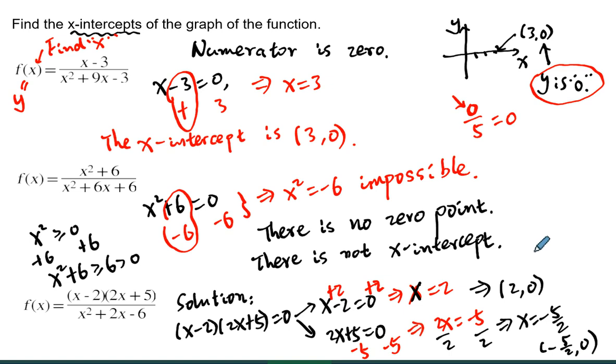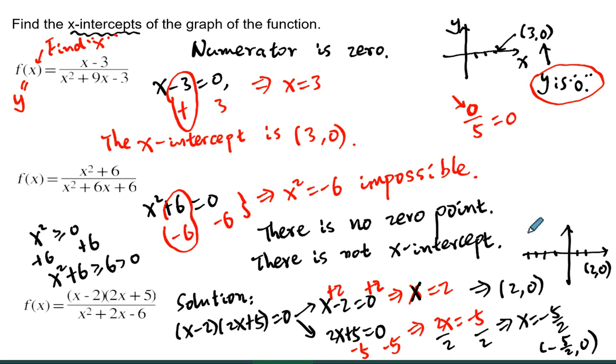On the picture, if you want to draw that picture, 1, 2, here is 2, 0. Here is like 1, 2, 3.